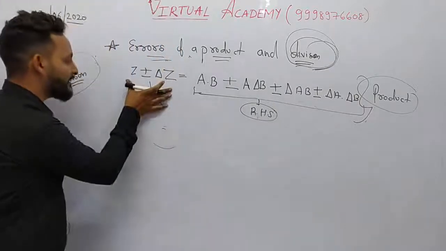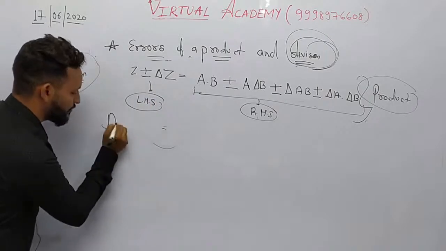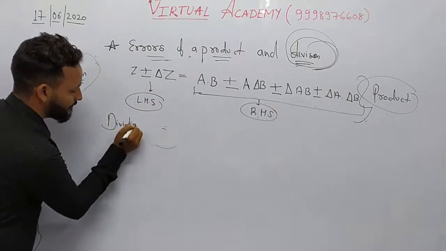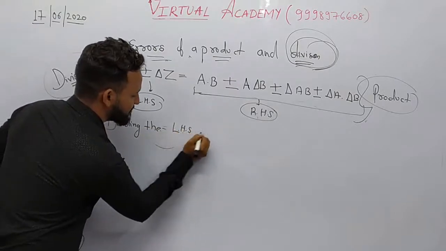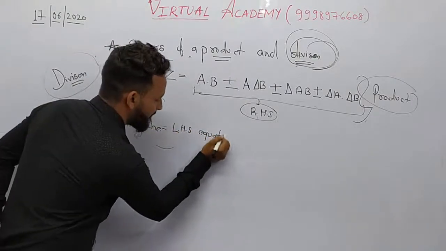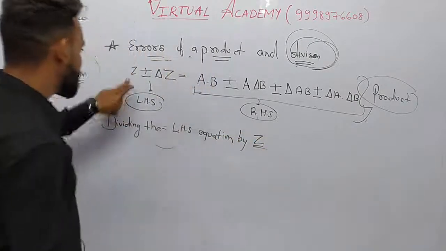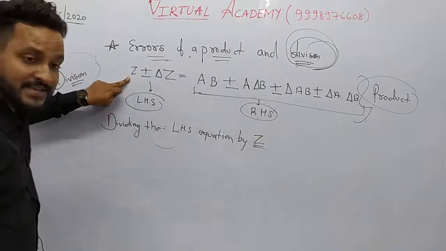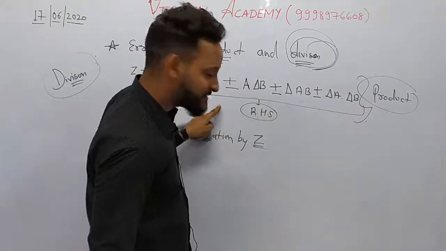We have to divide the left hand side equation by capital Z. Clear? So what did we do? We divide by what? Capital Z. Now, what about the right hand side?